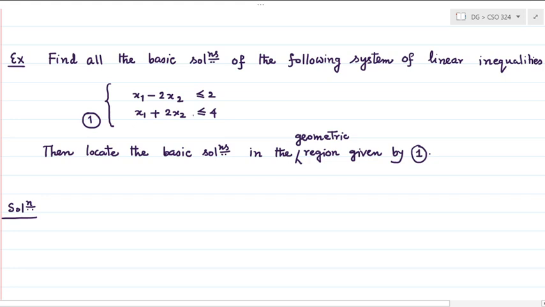Corresponding to every linear inequality, you have a linear equality by adding slack or surplus variables, right? So corresponding to the first inequality, if we incorporate the slack variable x3 here, we will consider x3 greater than or equal to 0 and plus x3, and therefore it will be equal to 2.